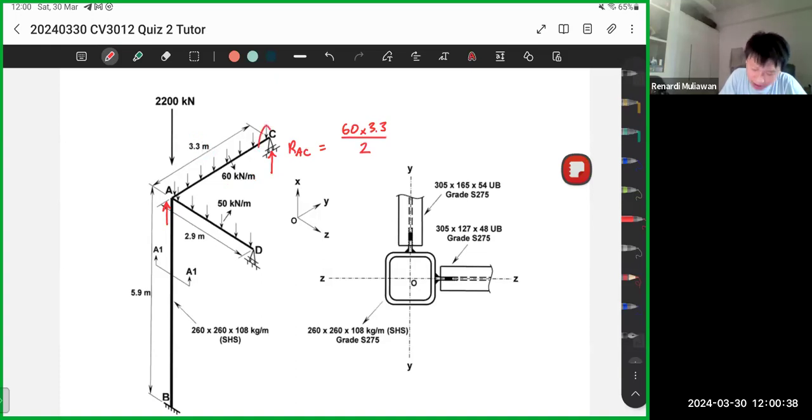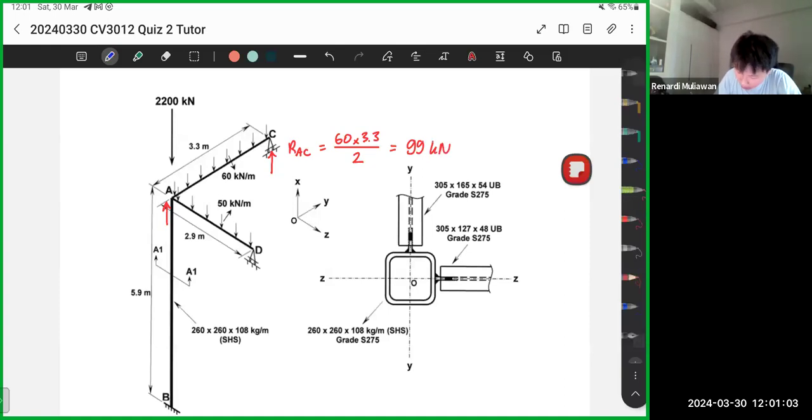Divided by 2 because there are two reaction forces, so the load is spread equally, and because the beam is symmetrical as well. So that's the loading from beam AC. 60 times 3.3 divided by 2, so you will get 99.